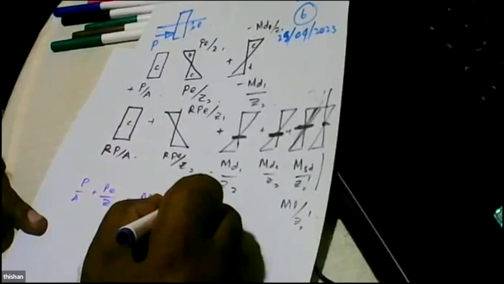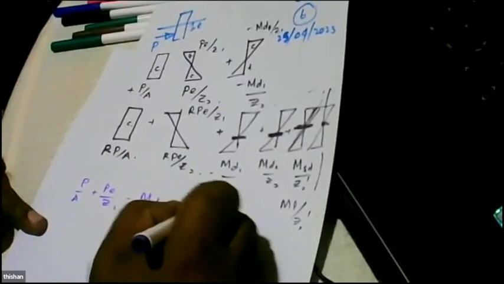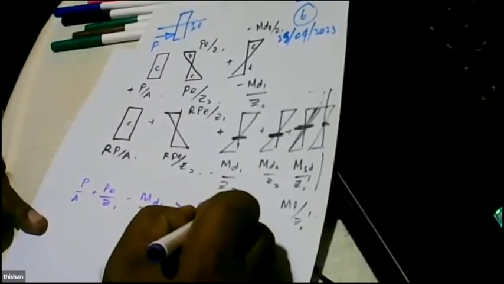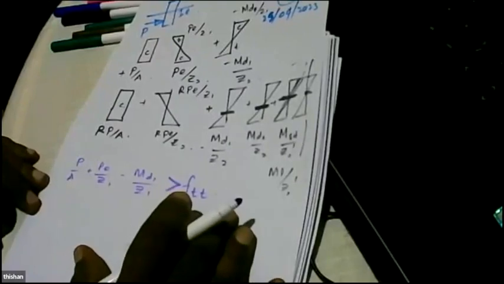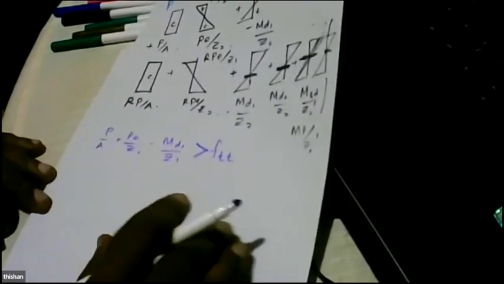And here it's going to fail in tension. Should be greater than tension at transfer. And tension is negative, so this is negative 3. Minus 2 is greater than minus 3. So we are saying greater than.